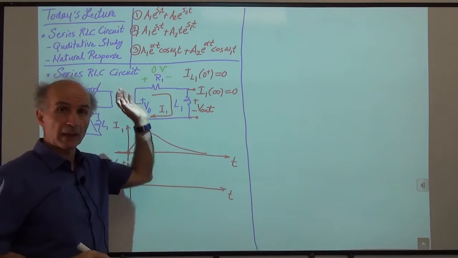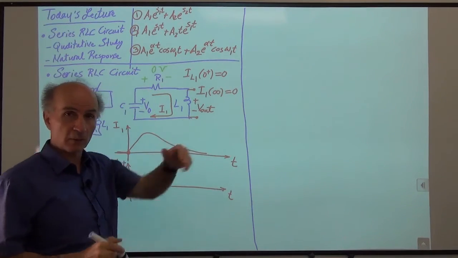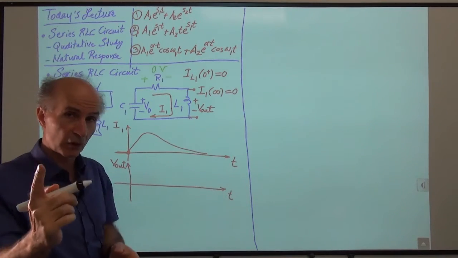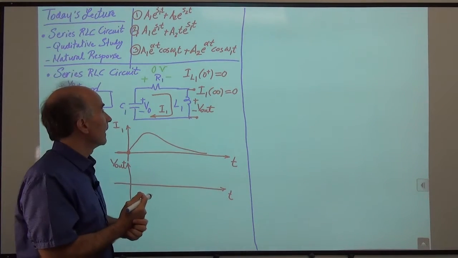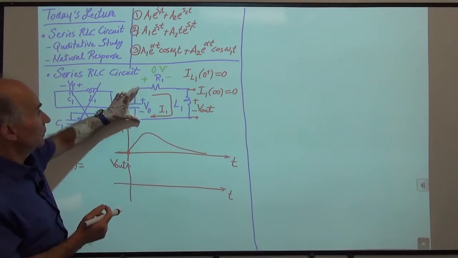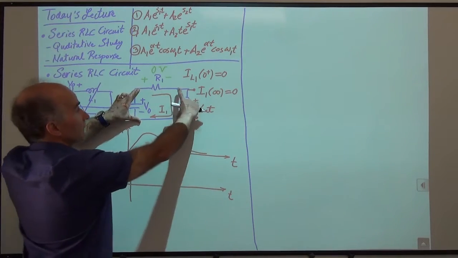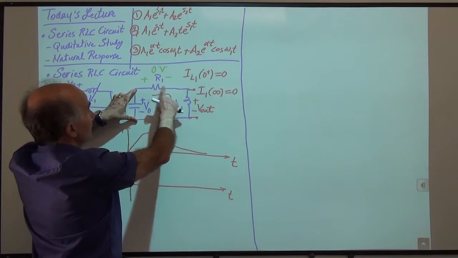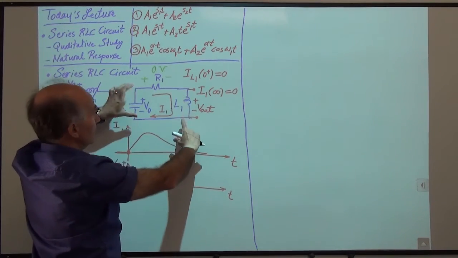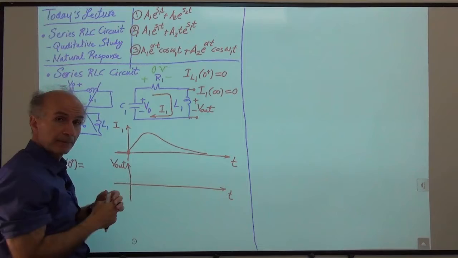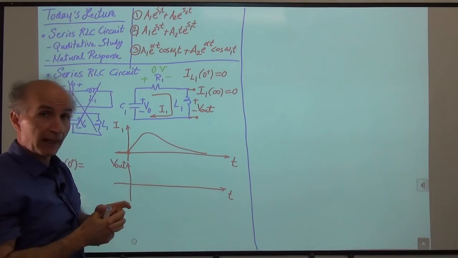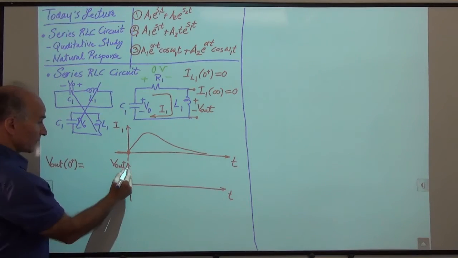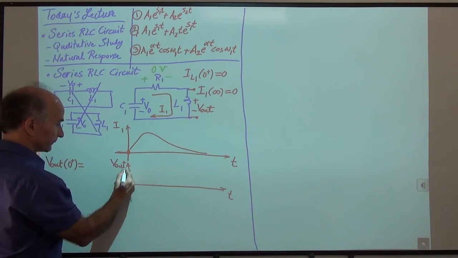The voltage from the left side of R1 to the right side of R1 is 0 because the current through it is 0 at time 0 plus. Okay? So now if this voltage is V0, how much is this voltage? These two have a difference of 0 because this one has 0 drop on it, right? So whatever we have here has to appear here. So at time 0 plus, V out is actually equal to V0. That's interesting, right? So it starts at V0 here.